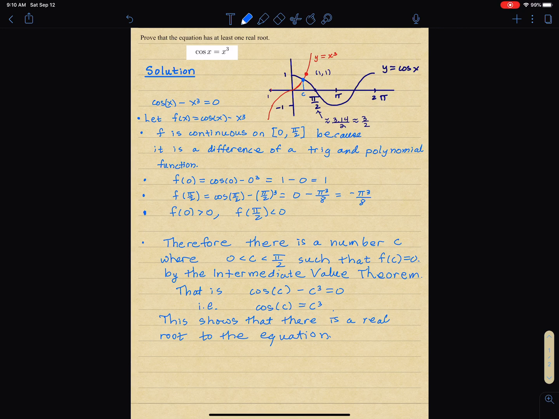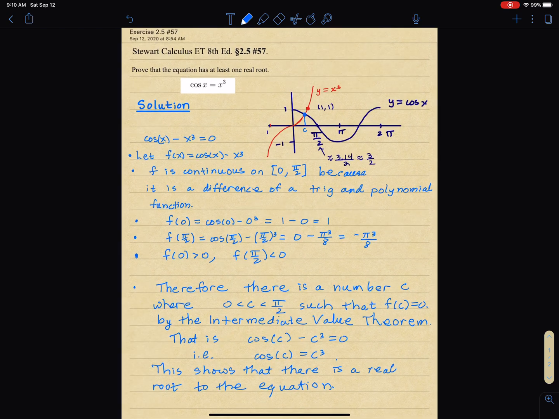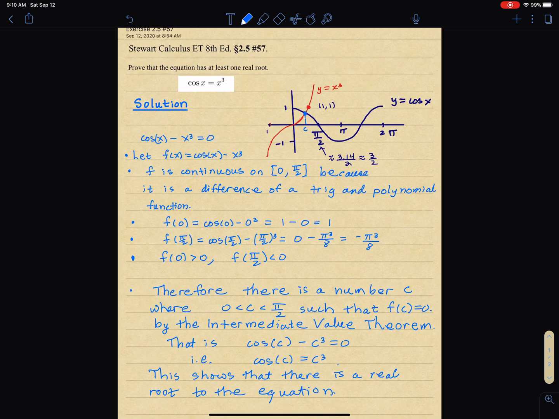The y value is positive, the y value is negative, so somewhere in between the y value has to equal 0. That's the implication of the intermediate value theorem. The theorem is a little more general, but that's essentially what it's saying.